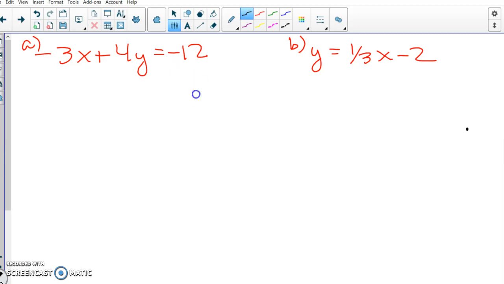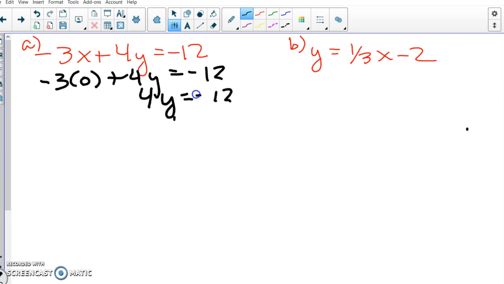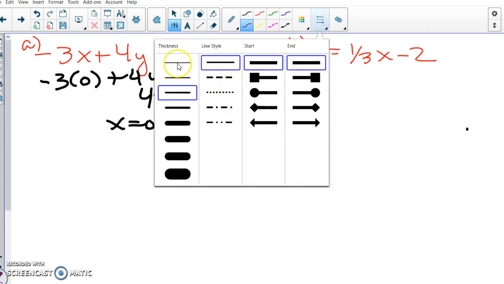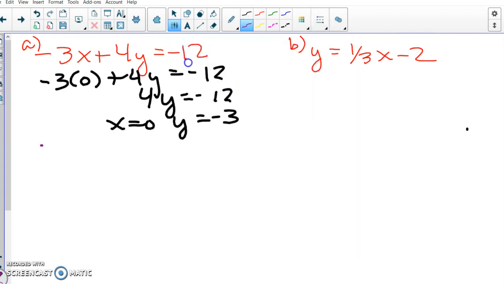We're going to take our x value, set it to 0, and solve for y. 4y equals negative 12, therefore y equals negative 3 when x equals 0. There's one of our points. We're going to solve for the second point, and we're going to allow y to equal 0.